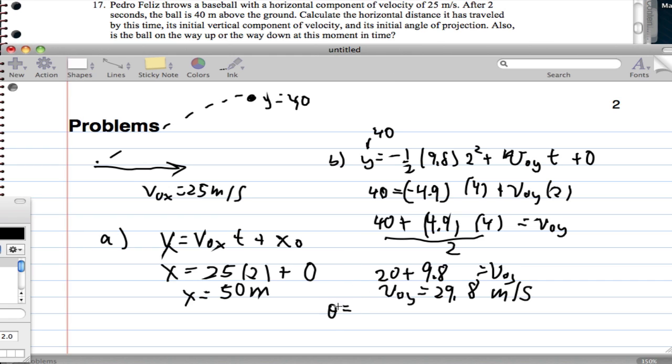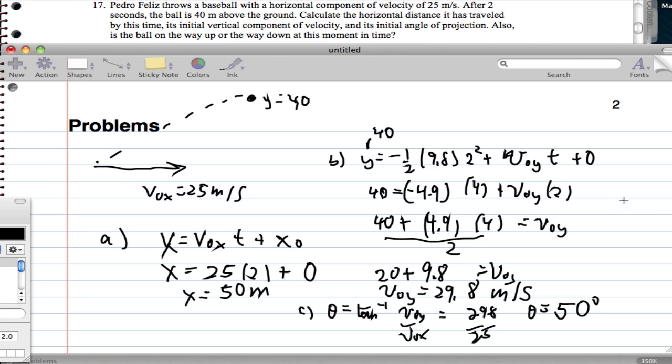So theta is going to be inverse tangent of v naught y over v naught x, which is 29.8 divided by 25. When we take the inverse tangent of that, we're going to end up getting 50 degrees.